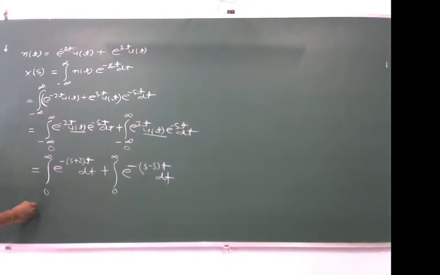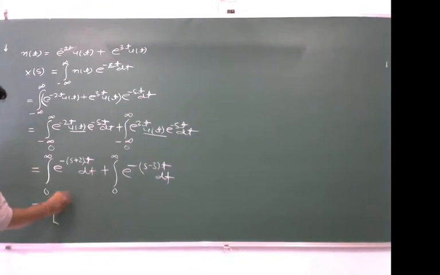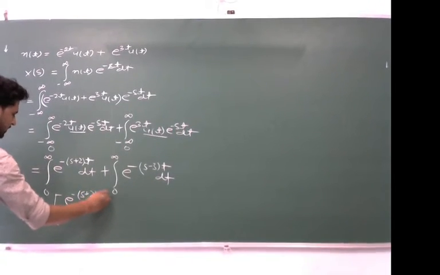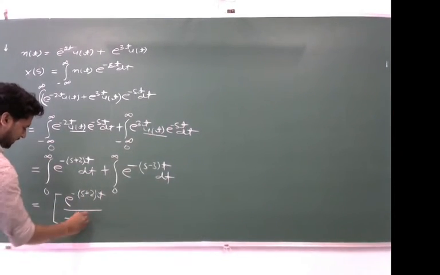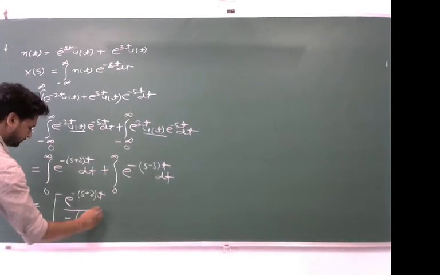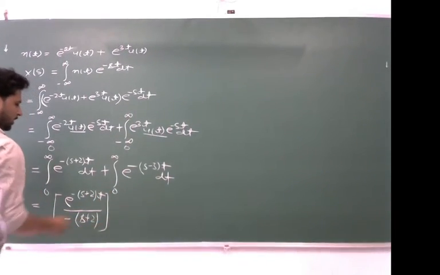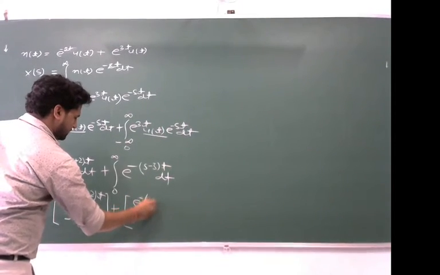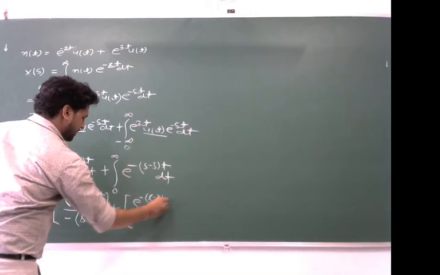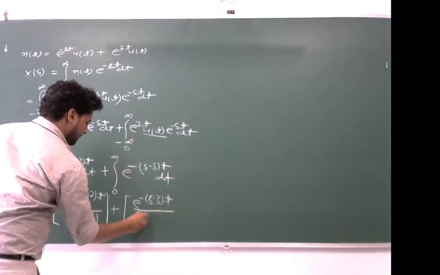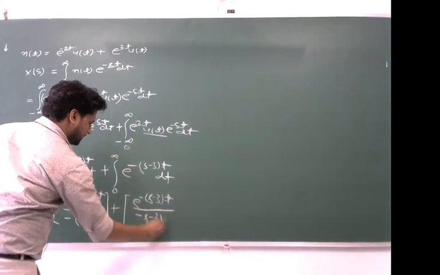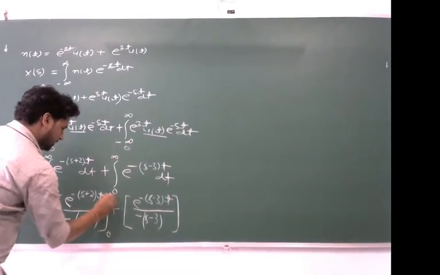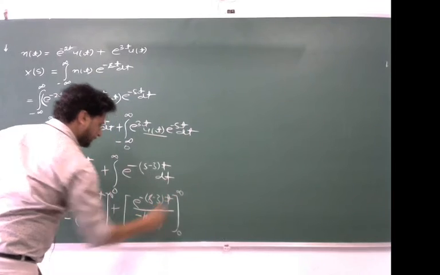So the integration of this will become e power minus (s plus 2)t divided by minus (s plus 2), and this integration will result in e power minus (s minus 3)t divided by minus (s minus 3). The limit is from 0 to infinity on both integrations.